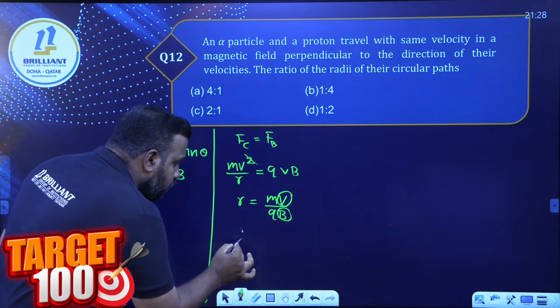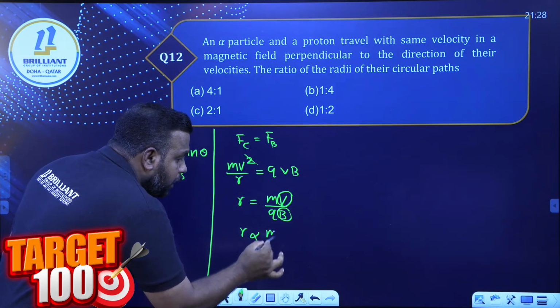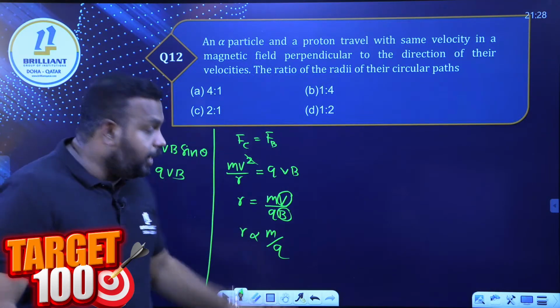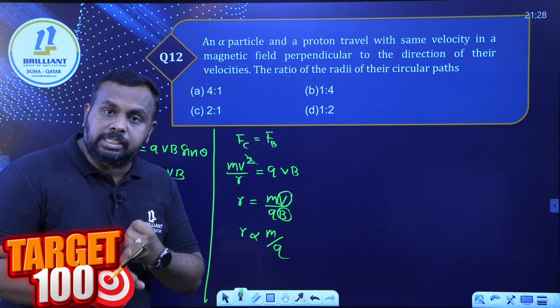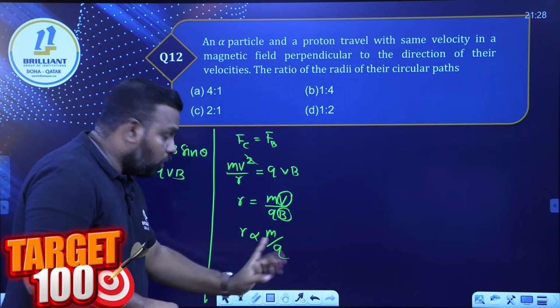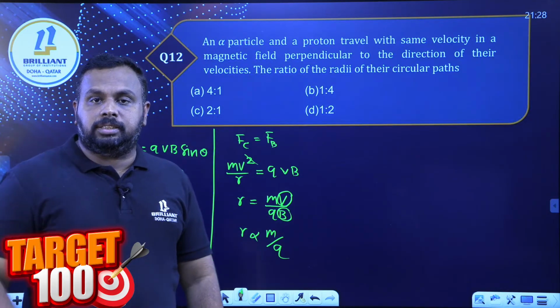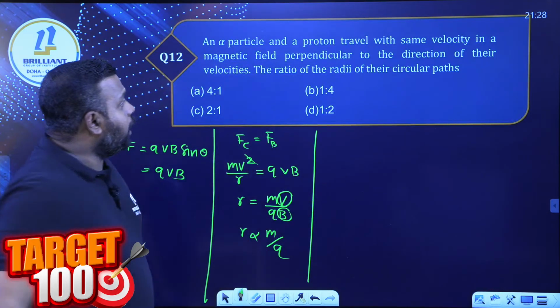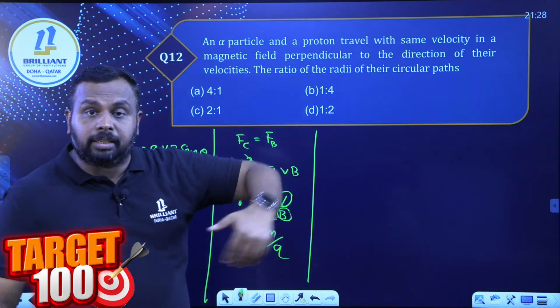So surely we can write R is proportional to what? M by Q. In this case, it's not a general idea. In this case, it is given that velocity is same, magnetic field is same. So we no need to bother about those two terms. We are concentrating only on what? Mass and charge. Okay. Now we have to find radius ratio of alpha particle and proton.